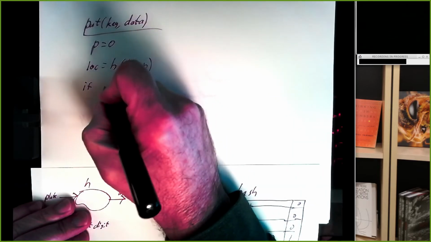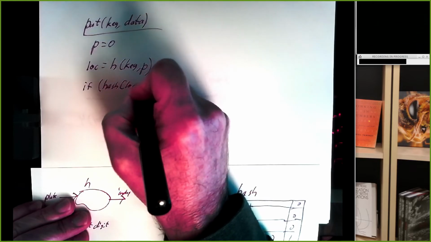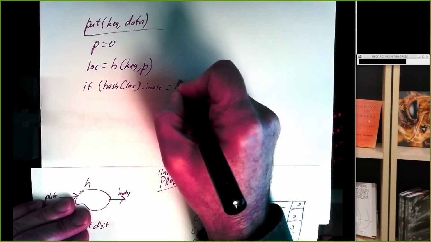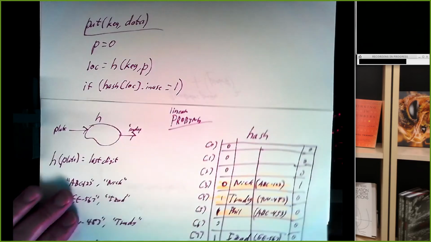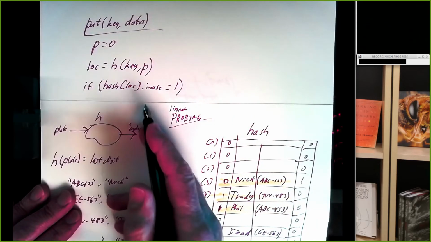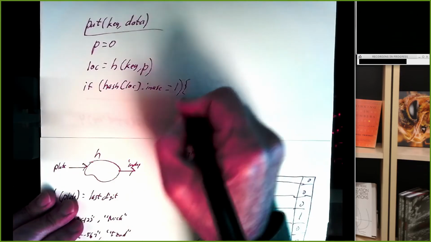And we'll say if hash bracket location in use is 1. So if we are told by the hash function we should store at this location, but at that location we find something is already there, then what do we do?